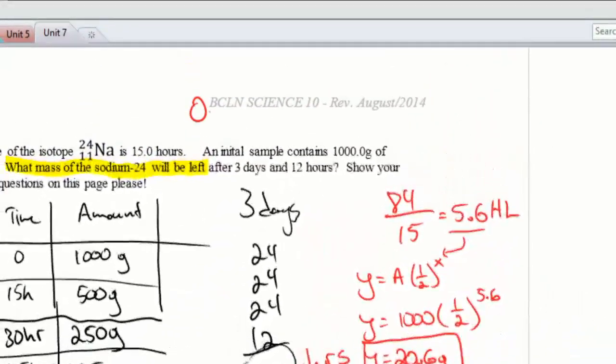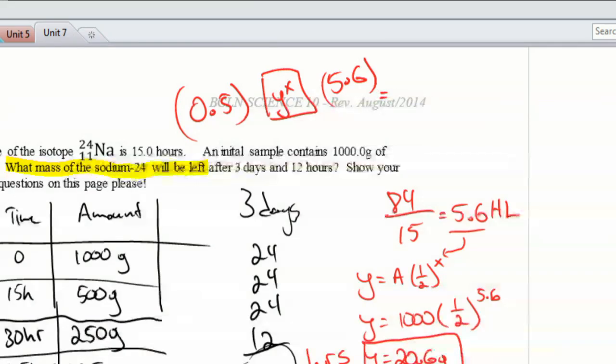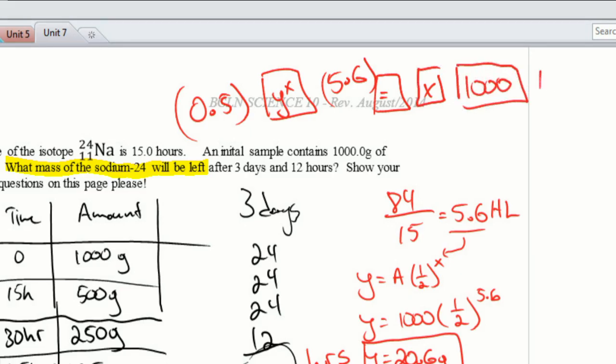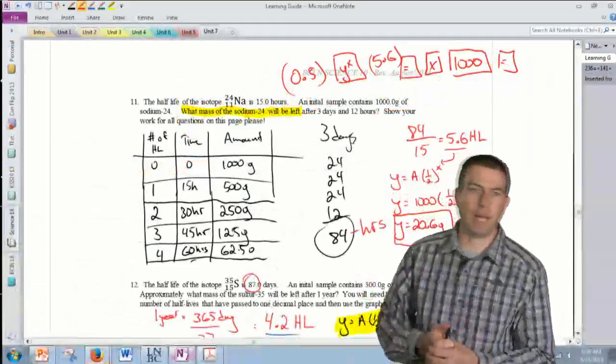So I would go 0.5 on my calculator, and then it's y to the x. And then I would put in 5.6, and then I would hit equals, and then I would multiply it by 1,000, and then hit equals again, and you should end up with 20.6. So kind of working your way backwards.